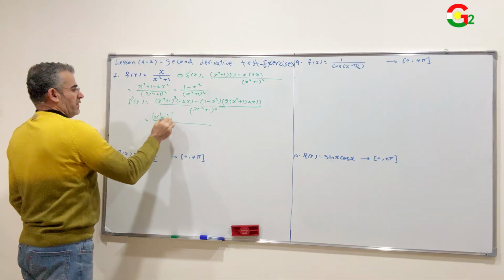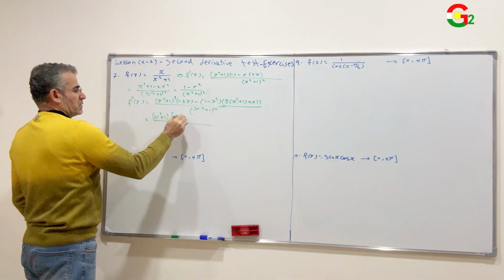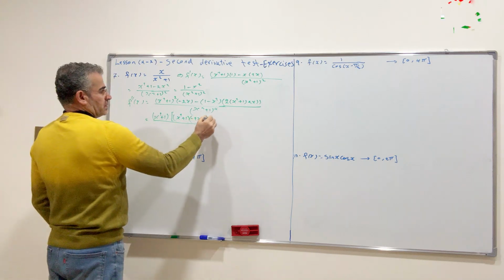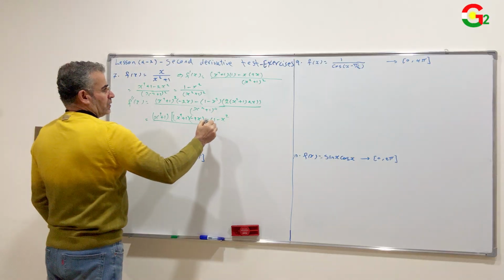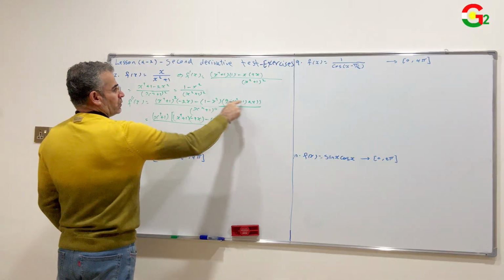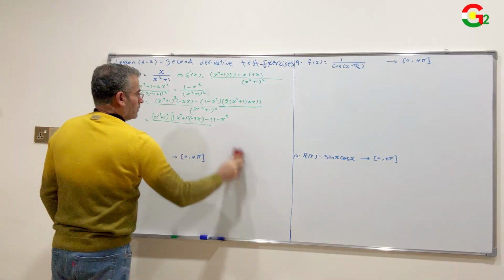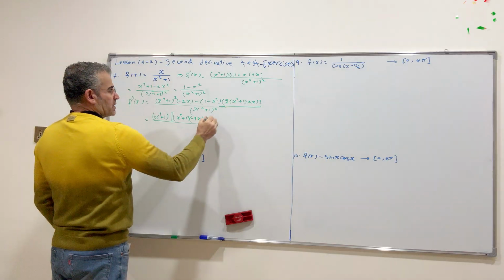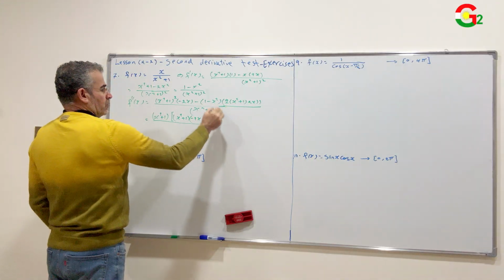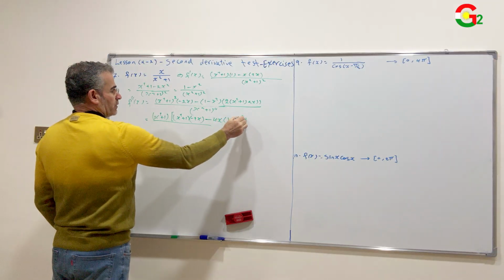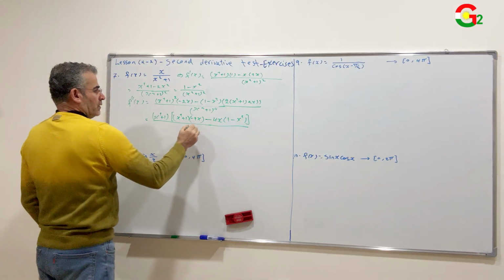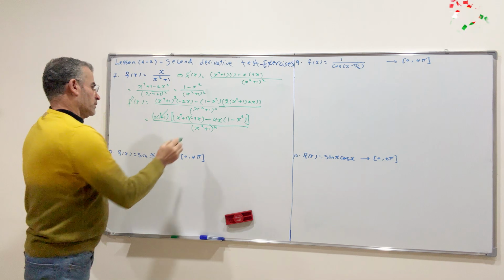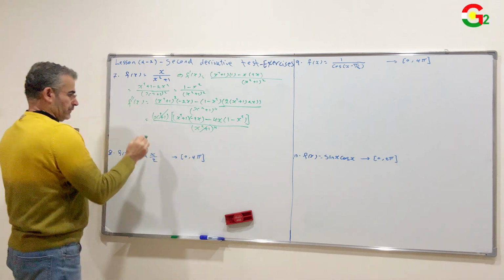Then, from the first term, we have x power 2 plus 1 times negative 2x minus 1 minus x power 2, 2 times 2x, let us write it, 2 times 2x, 4x, 1 minus x power 2, over x power 2 plus 1 to the power 4. Reduce x power 2 plus 1 with x power 2 plus 1 to the power 4.